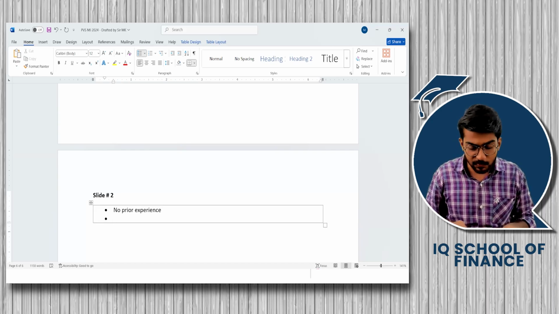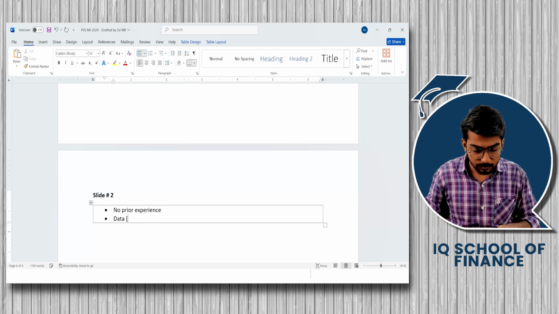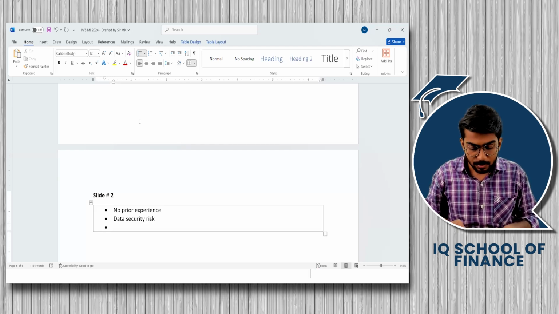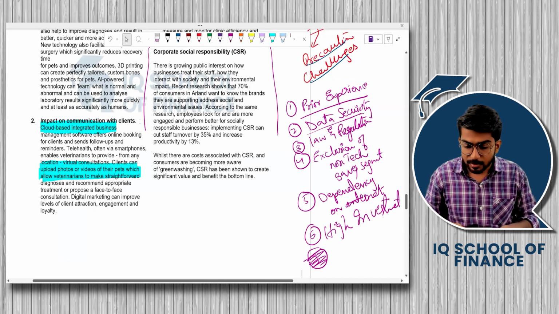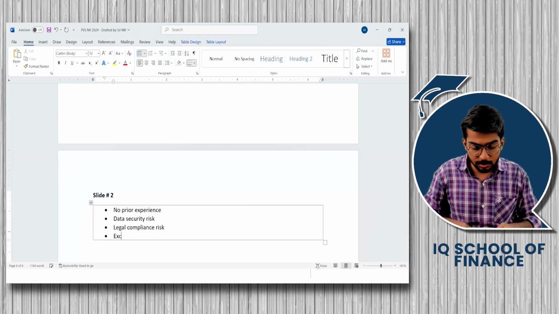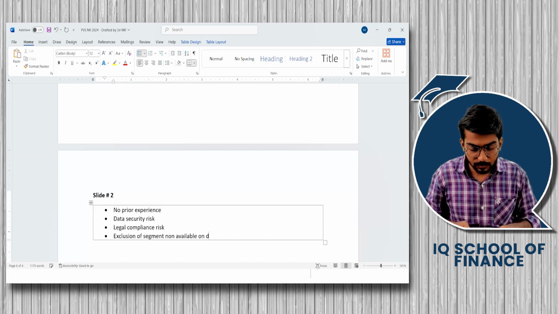So no prior experience, we have data protection, I would say data security risk, legal compliance risk, and what do we have else? We have exclusion of segments not available on digital media.